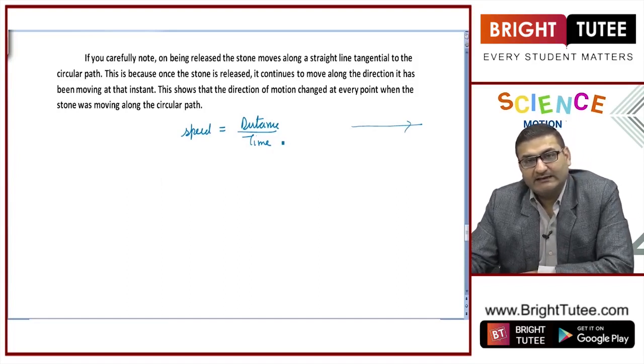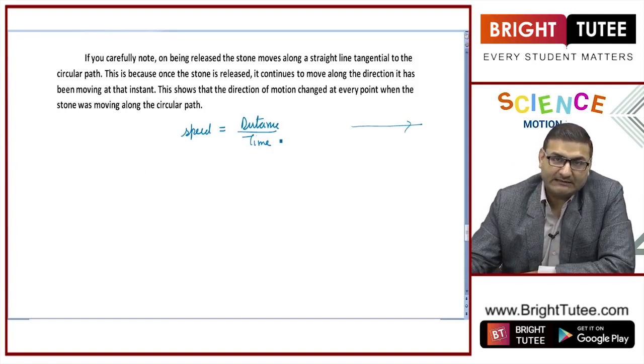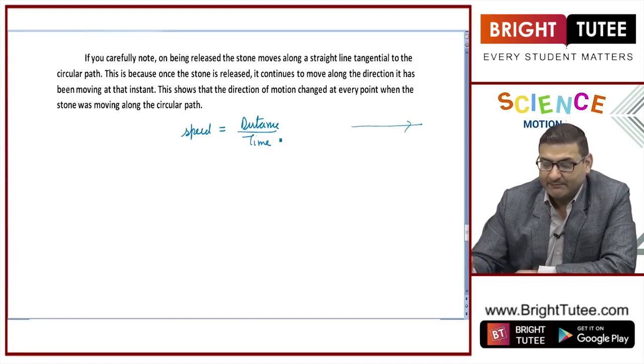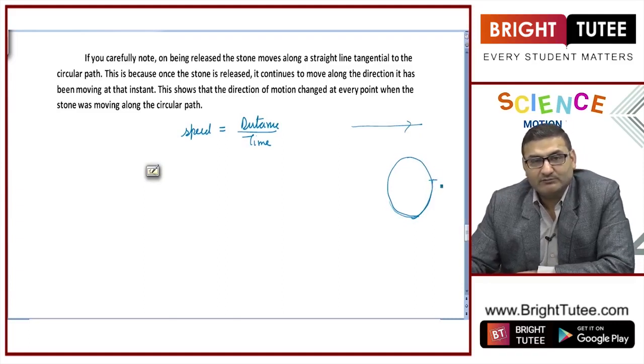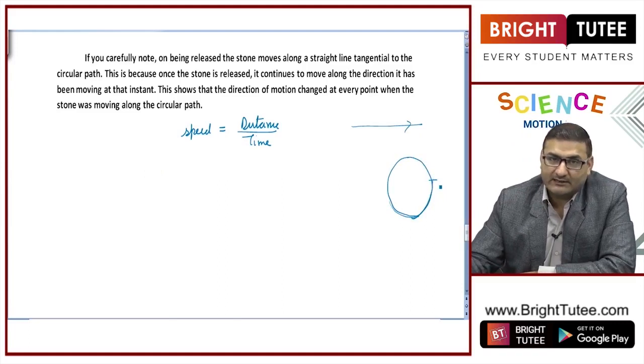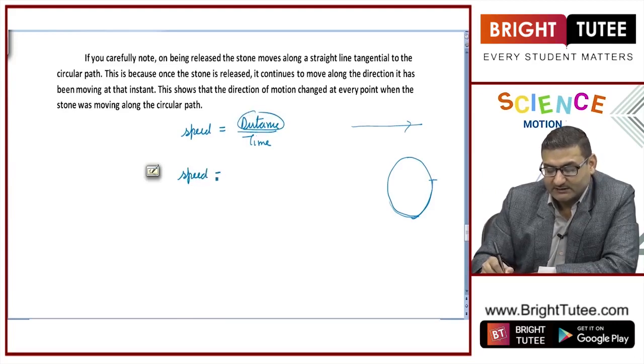If we want to calculate the speed of this object in a circular path, then the formula remains the same, but since it is travelling in a circular path, when we talk about the distance travelled by this object, we are calculating it with reference to the circumference of the circle, right.